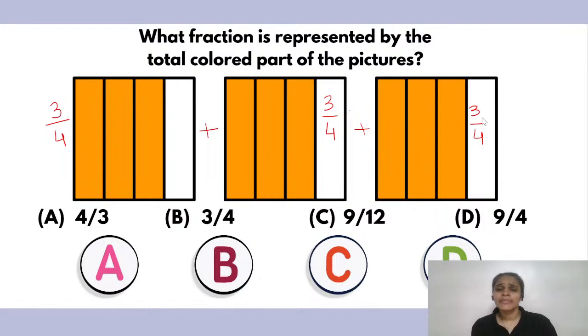So when we add them, the numerator is the total colored part, right? So we have 3, 3, 3. So that's 9 out of, okay, now how many total parts are there? 4 plus 4 plus 4. So there are 12 parts in total.